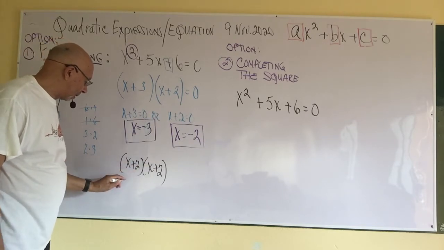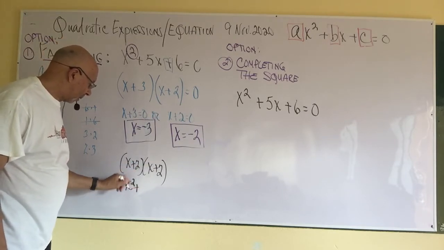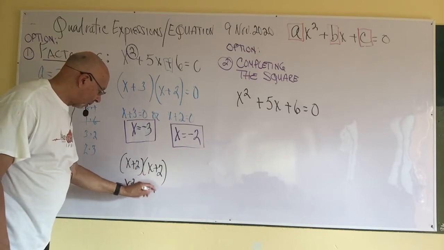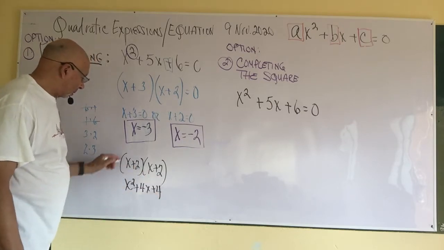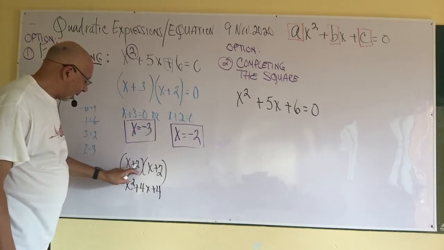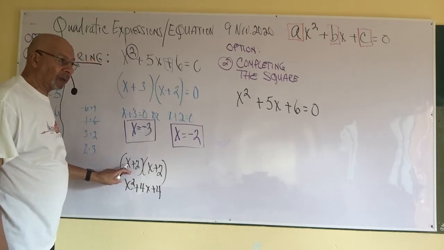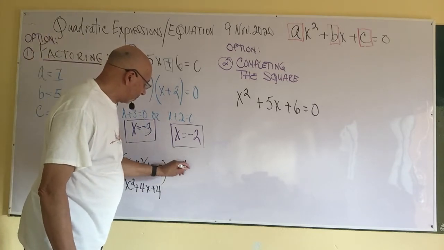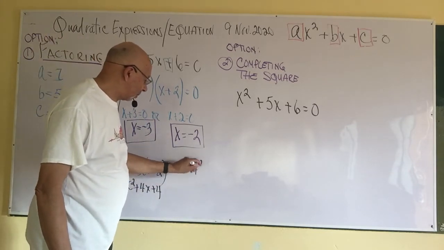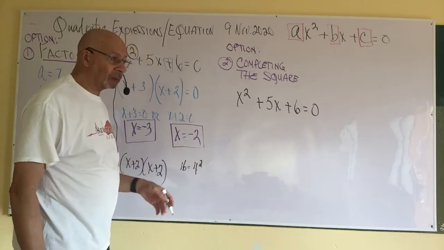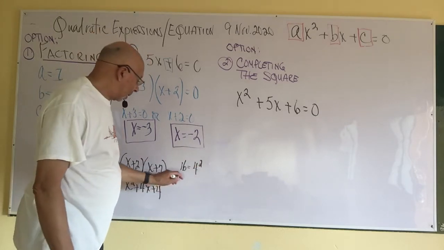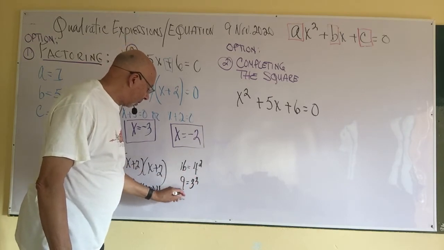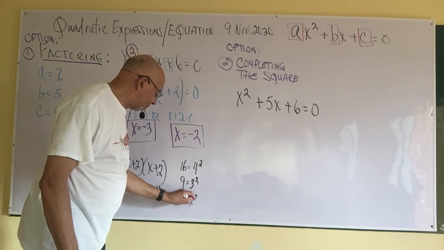If we multiply this out, we get x squared plus 2x plus 2x, which is 4x, plus 4. That's a perfect square because when I find the square root of it, I get the same number. Like 16 is a perfect square because it's 4 squared, both factors are 4. 9 is a perfect square because that's 3 squared. 4 is a perfect square, that's 2 squared. So you get the idea.